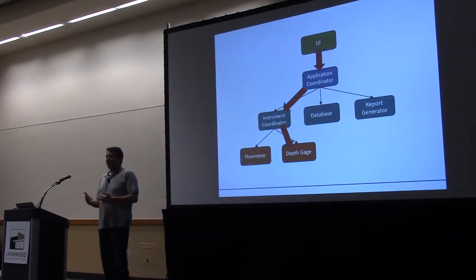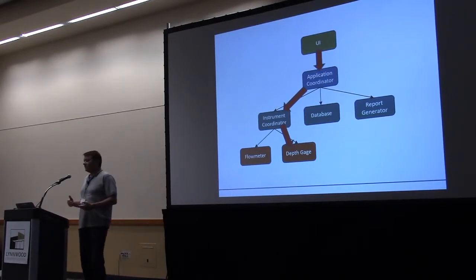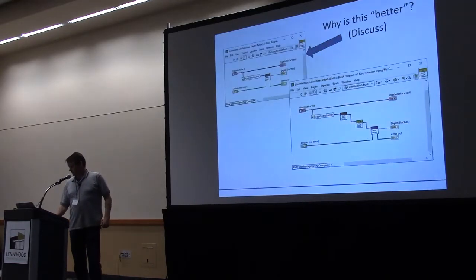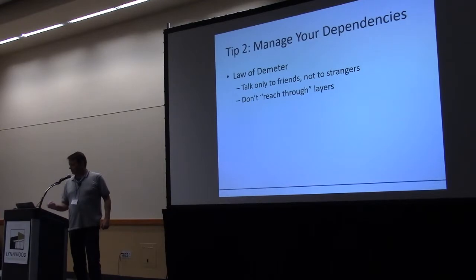So we're protecting our application from change by doing that, even though it seems to be more complicated in the beginning. Okay, so manage your dependencies, don't reach through layers.